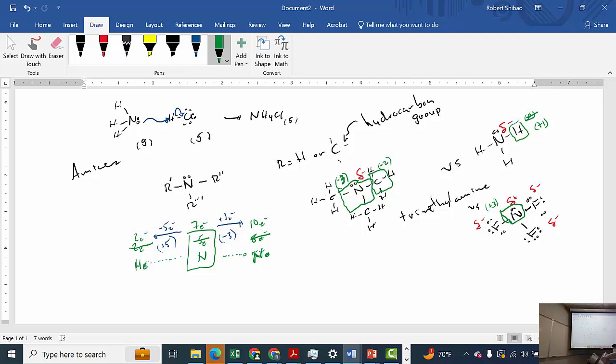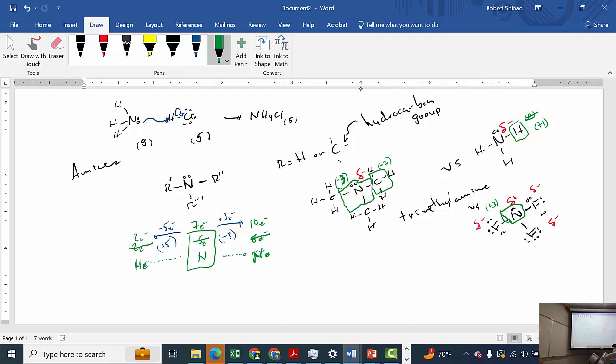And then it's more willing to donate an electron pair, giving it to the other atom. It's forming a coordinate covalent or dative bond. This is why fluorine will not form those coordinate covalent bonds. Fluorine doesn't want to donate.